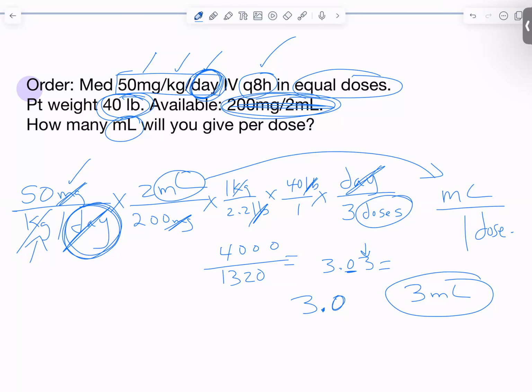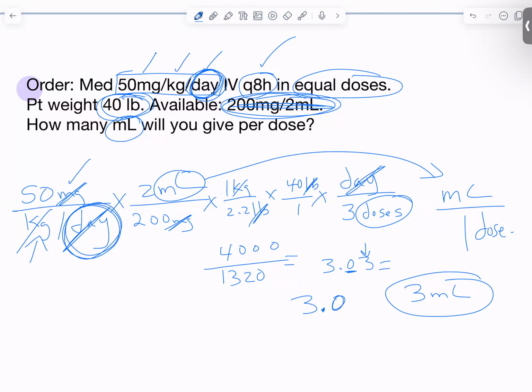The given is the order, and the doctor ordered 0.25 milligrams per kilogram. I'm starting there, 0.25 milligrams for every 1 kilogram of body weight of this toddler, okay? And it's asking you how many milligrams will you give per dose. So where do I start?